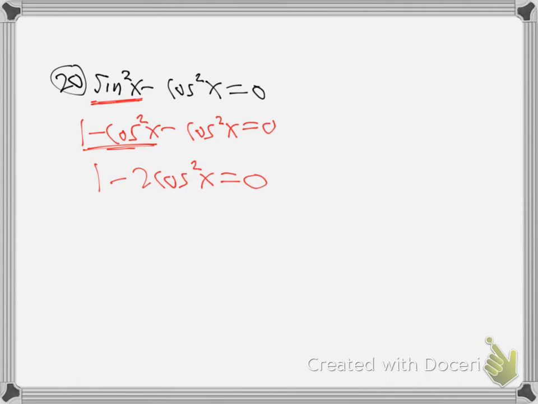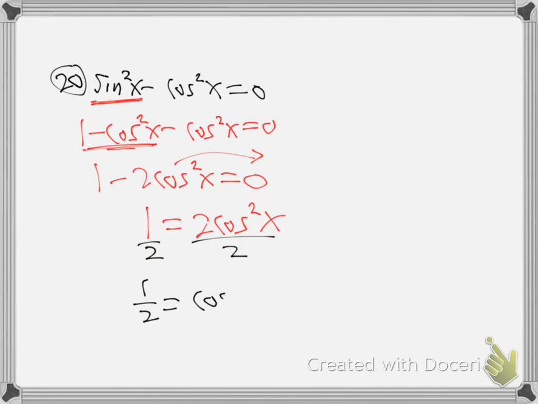And then how do we finish that? Our last 15 seconds here. Jump that over. It becomes positive 2 cosine squared. Got to get the cosine alone. Divide by 2. A half is cosine squared. How do you turn that into regular cosine? Square root it. When you put a roof on the house, up and down the ladder, plus or minus. Remember all this?